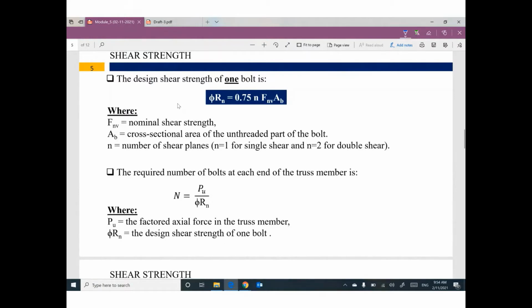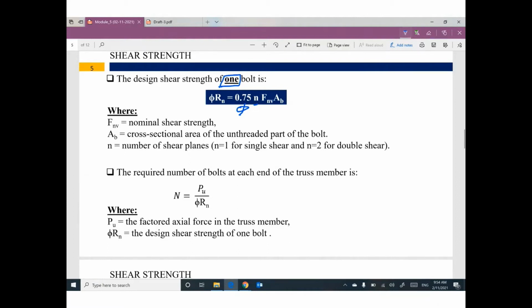The design shear strength for one bolt equals 0.75, the value of phi, times n, small n, times F_nv, times area A_b. If you multiply 0.75 times n times F_nv times A_b, you can get the design shear strength of one bolt.